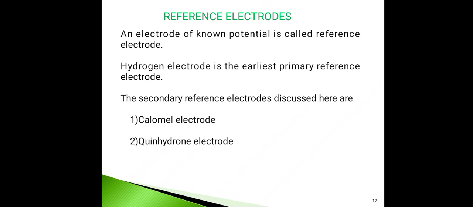Therefore there is a need for a new electrode, and the secondary reference electrode came into existence.